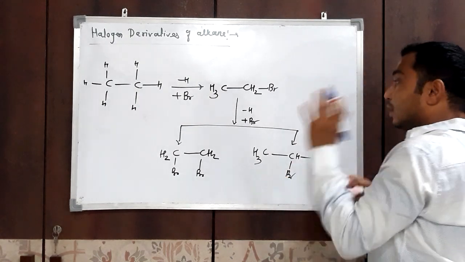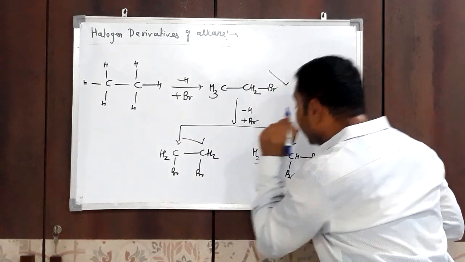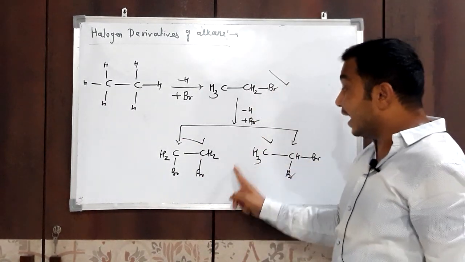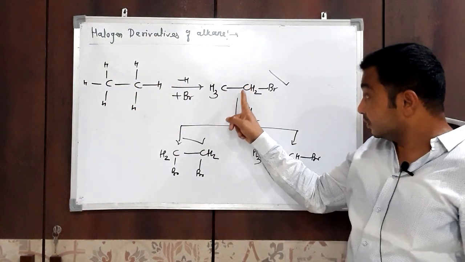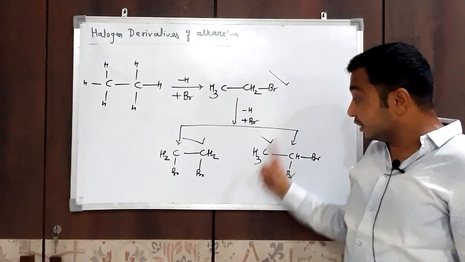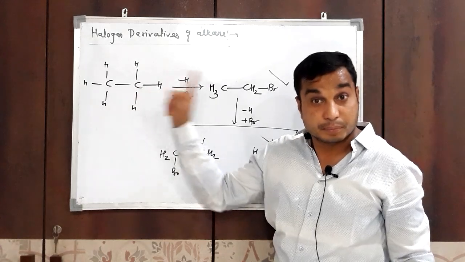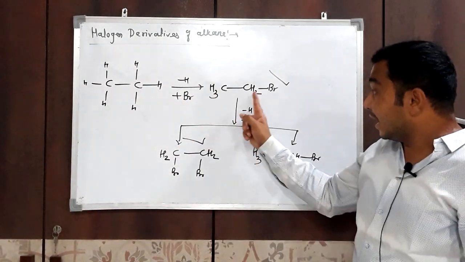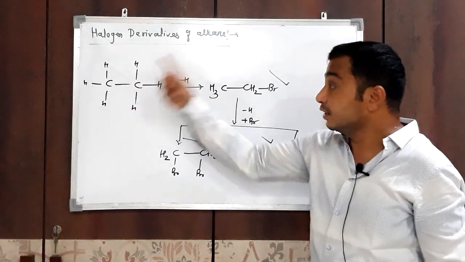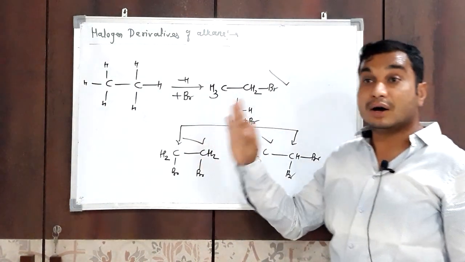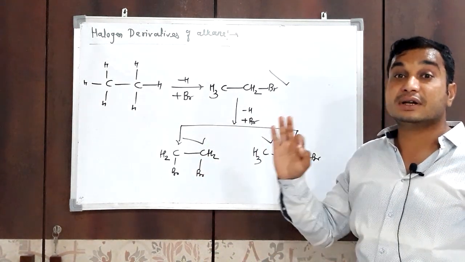So all these new compounds, this one and this one, all these three compounds and many more can be considered derivatives of ethane, because these compounds are obtained from ethane, an alkane, by replacing one or more hydrogen atoms by the same or different halogen atoms.